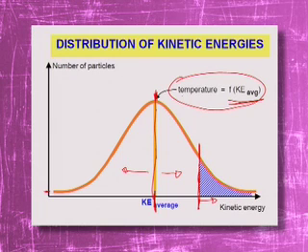Now, if we were to raise the overall temperature of this whole array of molecules, what would happen is that this average would move to the right. In other words, more and more molecules would fall into this area here, which tells us how many molecules have the right kinetic energy.